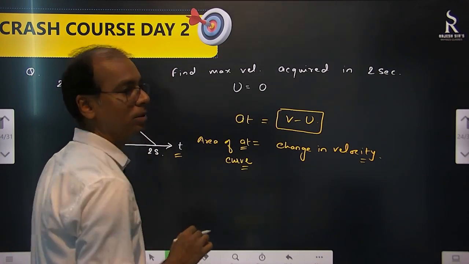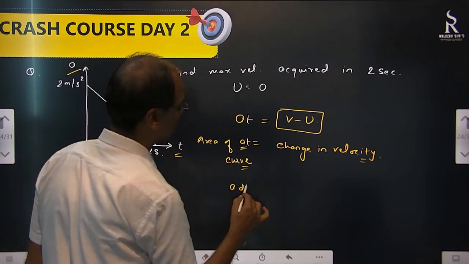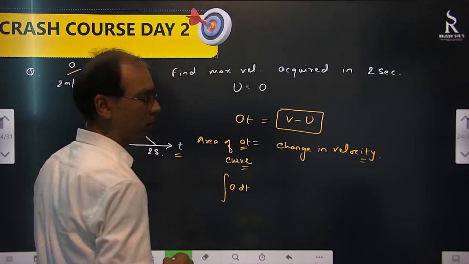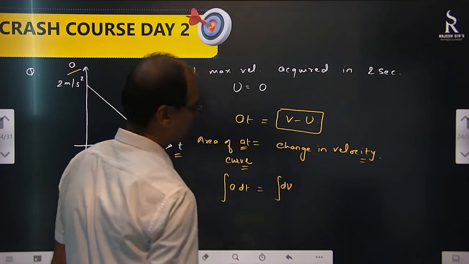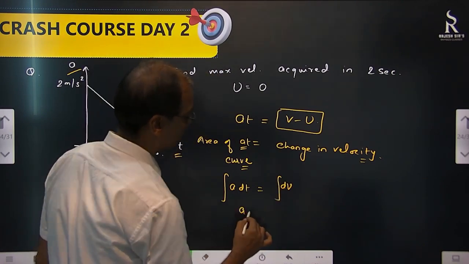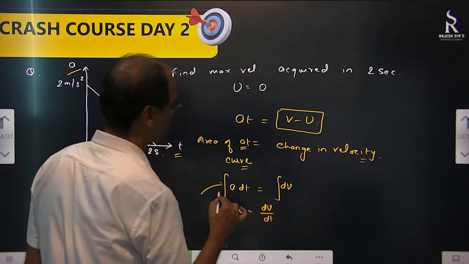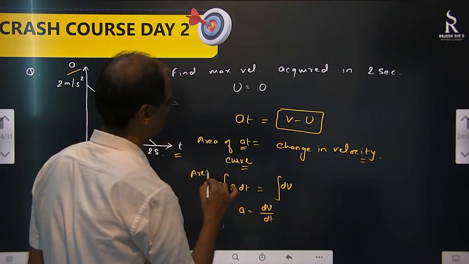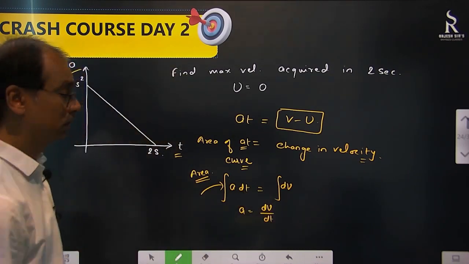Actually, area basically means integration. And this is equal to what? dV only, no? We know that, because we studied A equal to dV by dt, right? From there only it's coming. So integration means area. So the area of the AT curve gives us change in velocity. Okay.